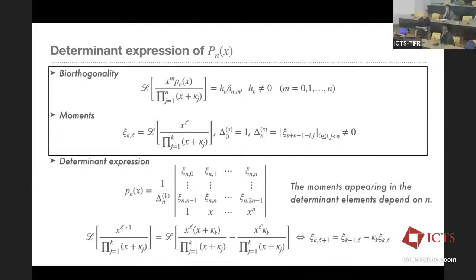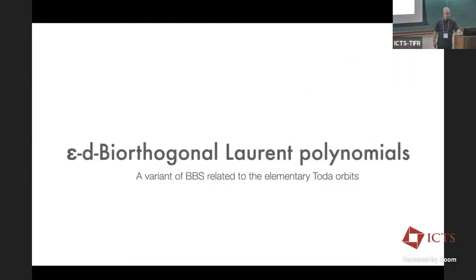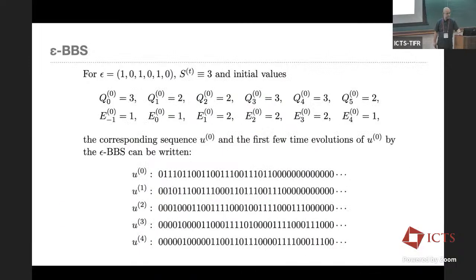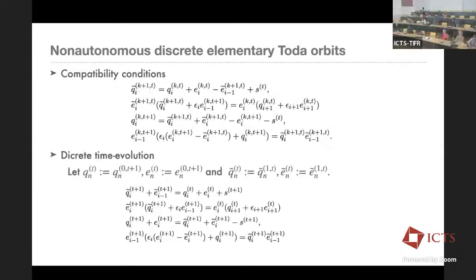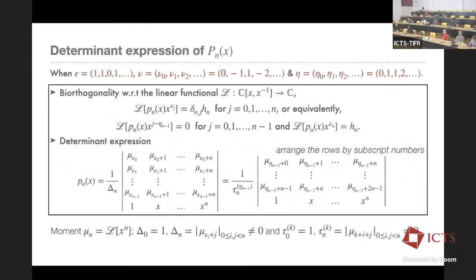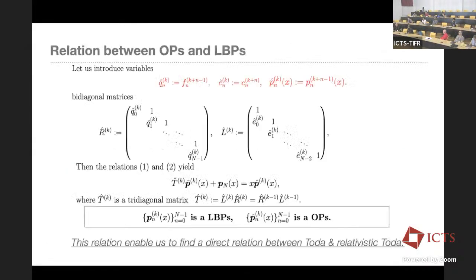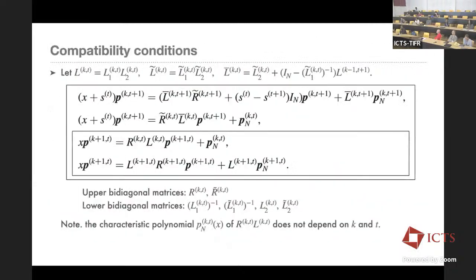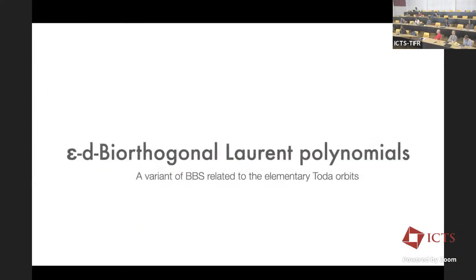So I'd like to ask you about the Toda system, where epsilon is 1, 1, 1, 1. In that case, sometimes a box with a ball disappeared, so it was erased in the procedure.